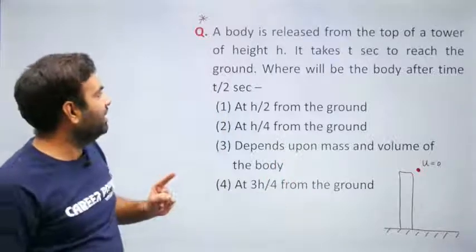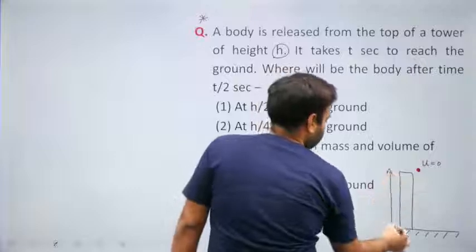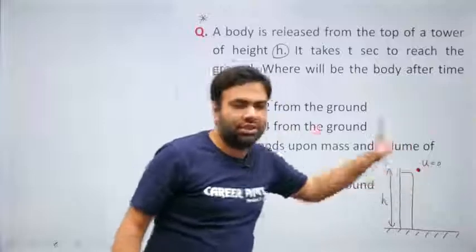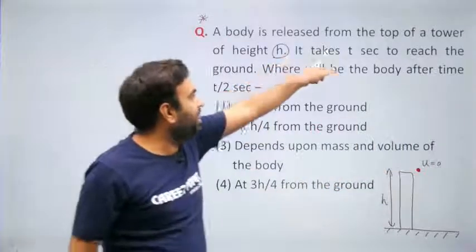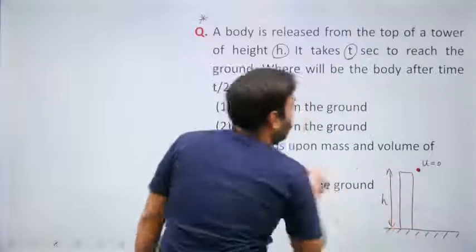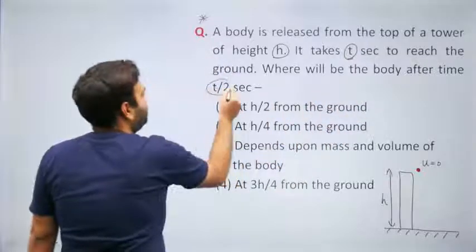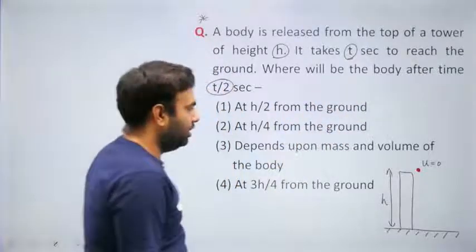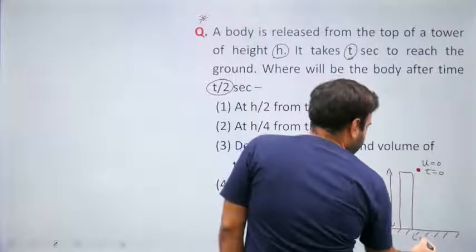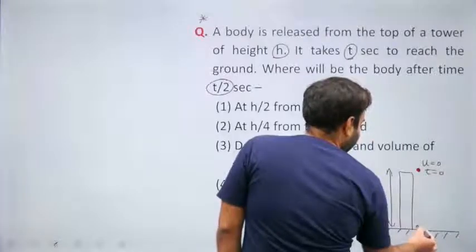Now it is saying that we are releasing this at a height h. From height h, we are releasing this body whose initial velocity is 0. Now it takes t seconds. It takes time t to reach the ground. Then where will be the body after the time t by 2 seconds? This is released at t equals to 0 and at time t, the body is here.